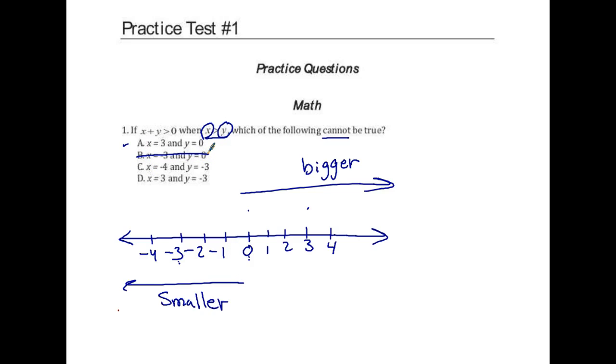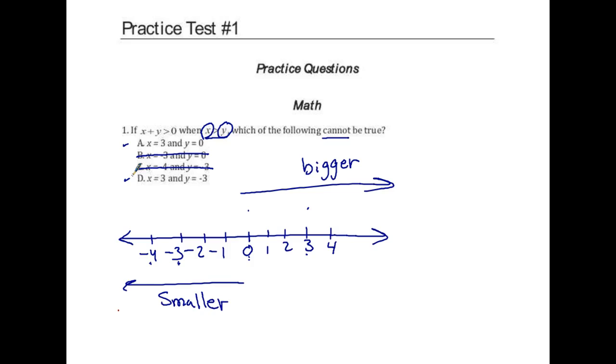C, x is -4, while y is -3. Again, y is greater than x, so C cannot be a choice. D, x is 3, y is -3. So yes, D can also be an answer. So that way you eliminated 2 choices.